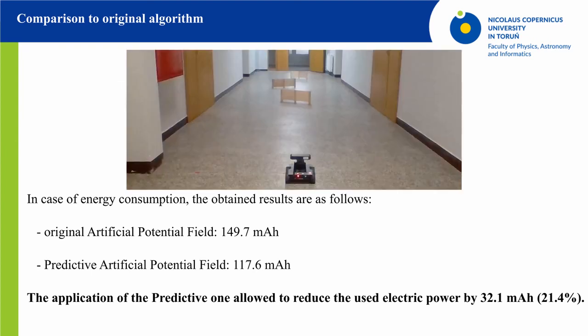To provide higher accuracy of efficiency measurements, each experiment was performed 3 times. The goal was 10 meters in front of the robot, and 3 obstacles were placed in the path, similar to the setup of the horizon of prediction environment. The application of the proposed PAPF allowed reducing the used electric power by 32.1 mAh, which is 21.4%.